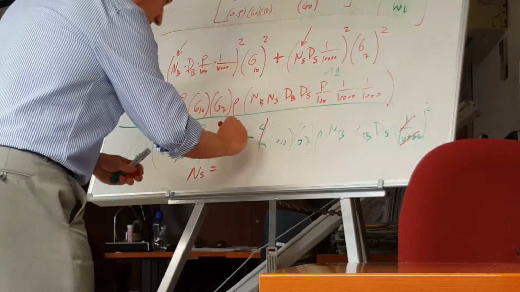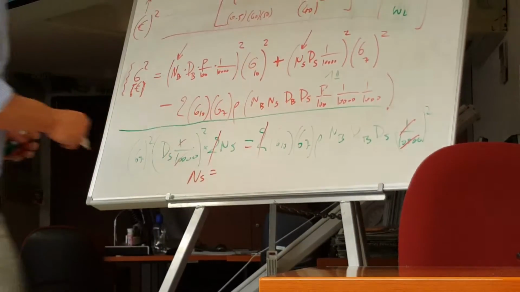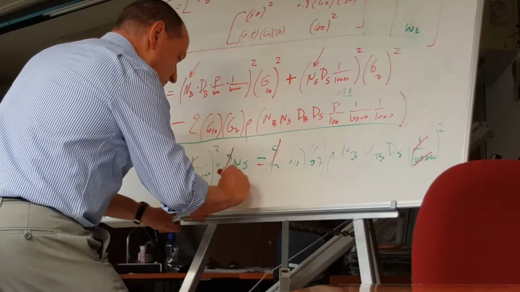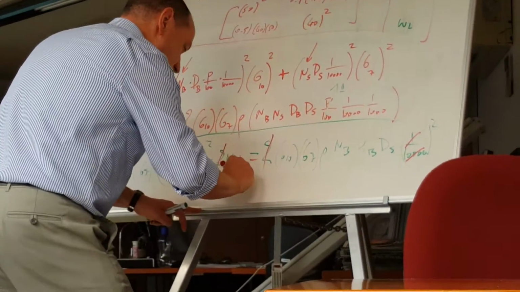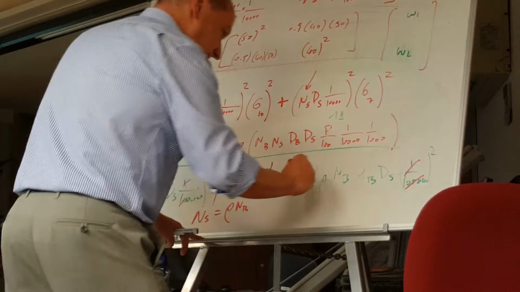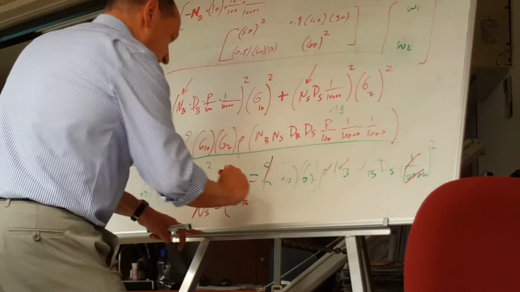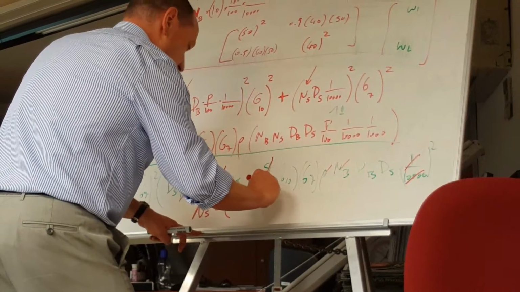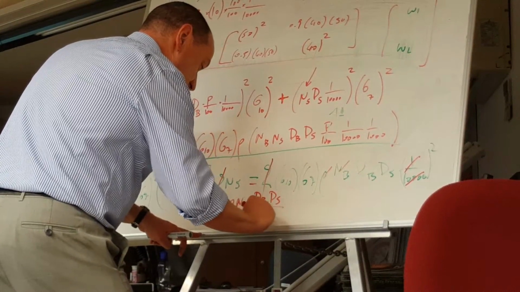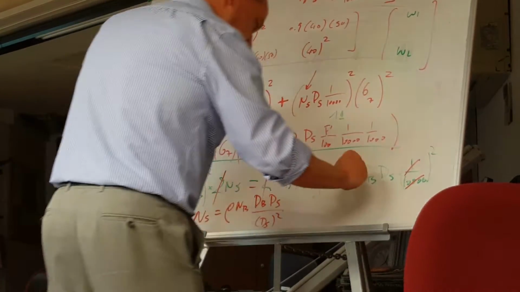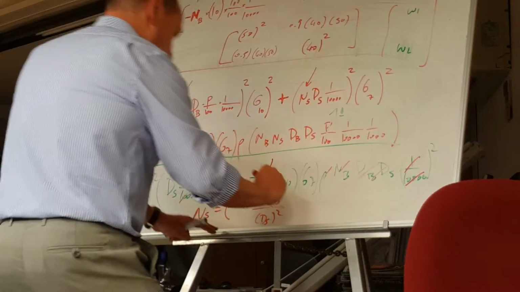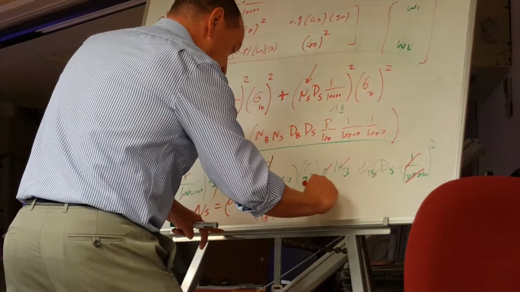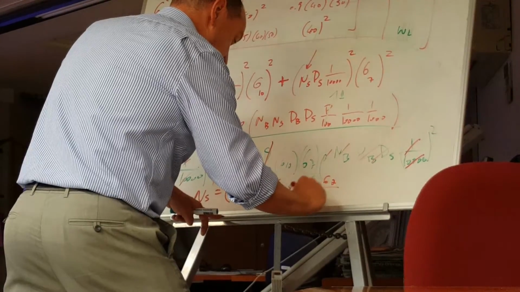So this equals that. This one is 0. So I have NS equals rho NB dB over dS squared. Does this start making sense after a while? Times sigma 10, sigma 7 over sigma 7 squared.